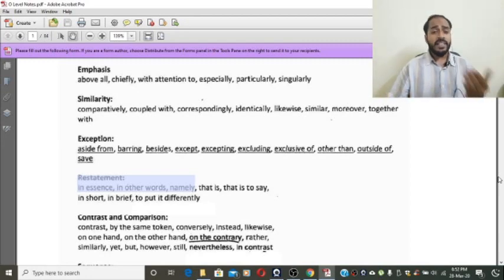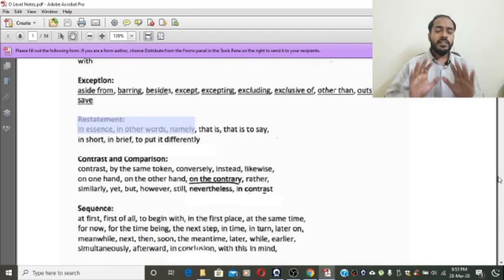For instance, by the same token, conversely, instead, likewise, on the other hand, on the contrary, rather, similarly, yet, but, however, still, nevertheless, in contrast. See, rather than using contrast and comparison every single time, I can use all these other words, and this would not only enhance, but will develop my writing skills.